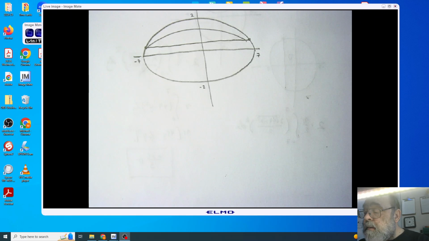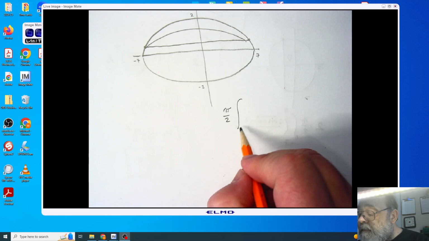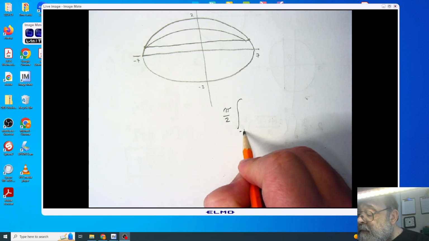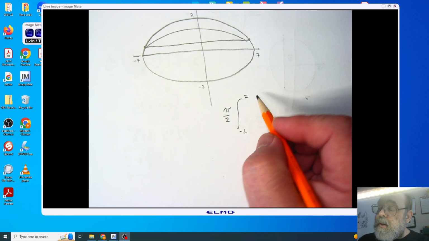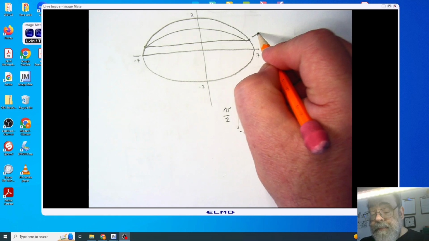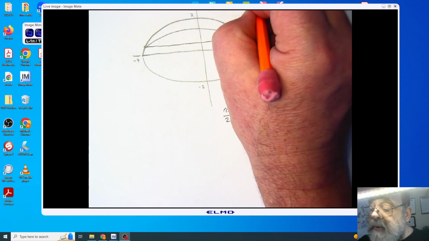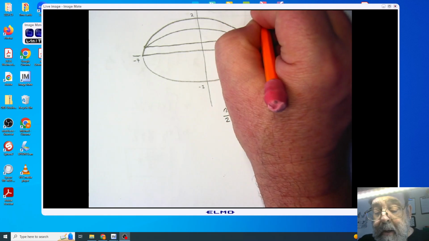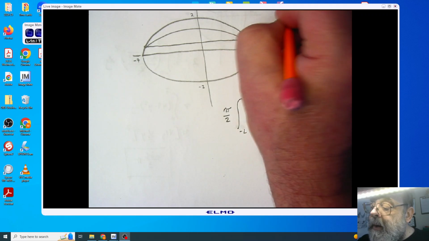There they are. We have pi over 2 integrated from -2 to 2, and we need our r squared. So let's just see what we've got. If I find this figure, this is x squared over 49 plus y squared over 4 equaling 1.